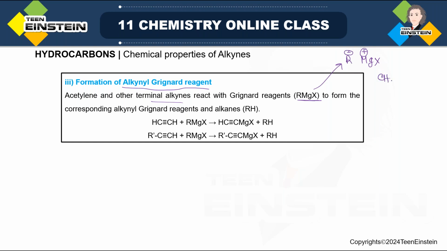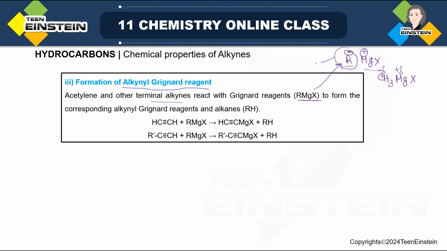Just simply take CH3MgX. Compared to Mg, carbon is more electronegative, so when you are breaking the bond, it will be negative charge over R. Though we do not write this separately, for the sake of understanding I have written it in this way. Better you write negative partial charge and positive partial charge.